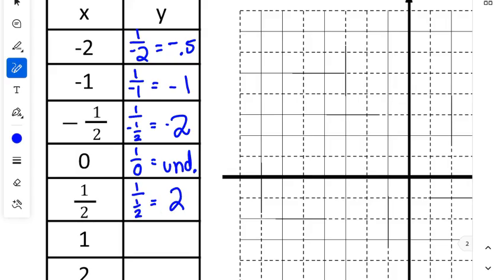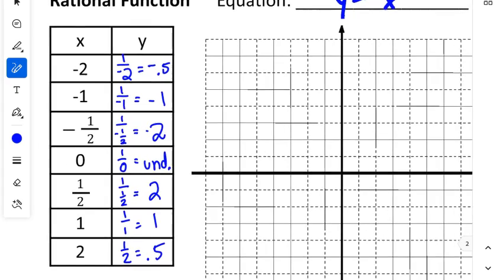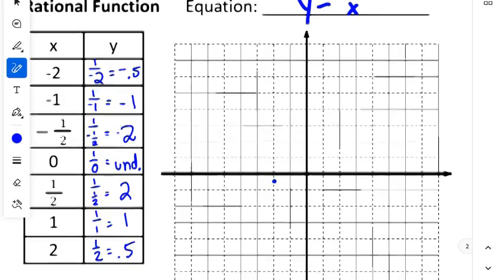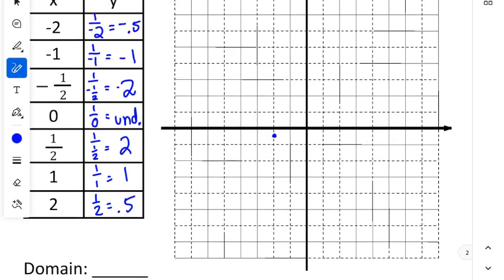All right, 1 over 2. It's just 2. 1 over 1. And then 1 over 2. 0.5. All right, so negative 2, negative half. See where I plotted mine? Negative 1, negative 1.